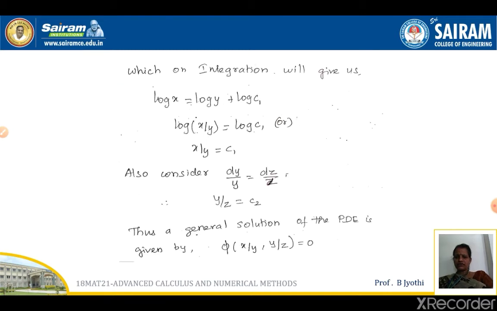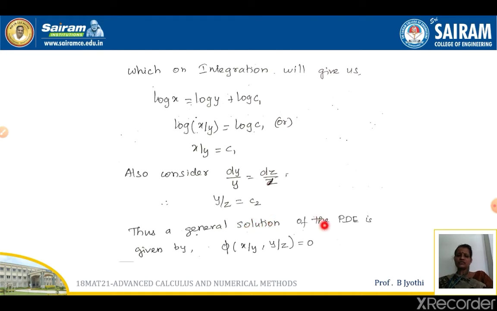On integration we get log x is equal to log y plus log c, which by taking it to the left hand side we get log of x by y is log of c1, or taking the anti-logarithm, x by y is equal to c1. Now let us consider the second and the third term, that is dy by y is equal to dz by z, and we get y by z equals c2.